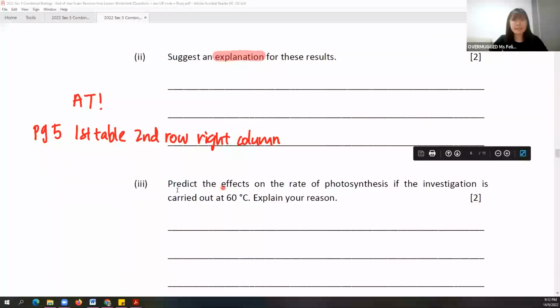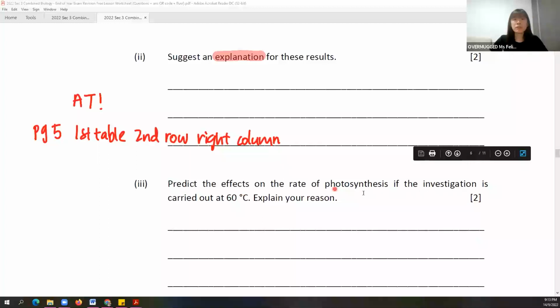Predict the effects on the rate of photosynthesis if the investigation goes beyond and reaches 60 degrees Celsius, and explain your answer. Rico, you know where to find it already, right? Now that I mentioned it, does anyone have any idea?